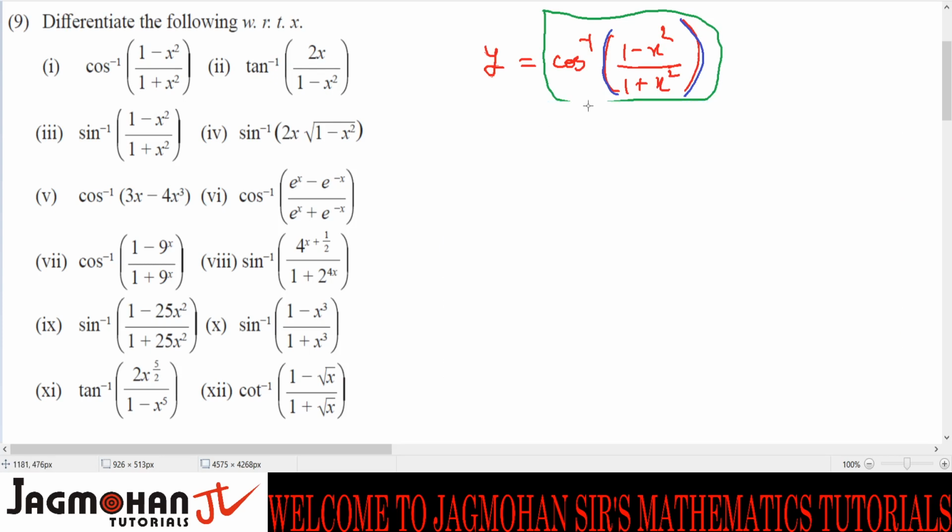Okay. So what should we do? That is the question. If we are not supposed to differentiate this function directly, then what should we do? Because I want to get the derivative of this function for sure.